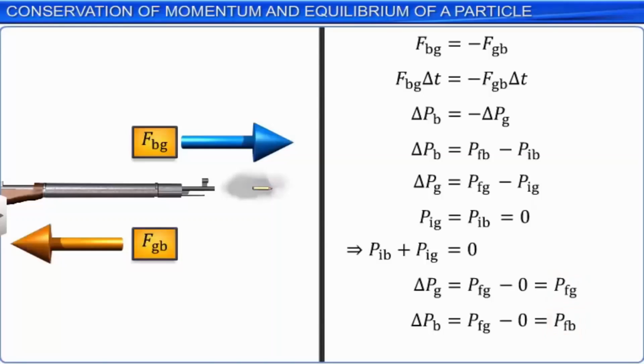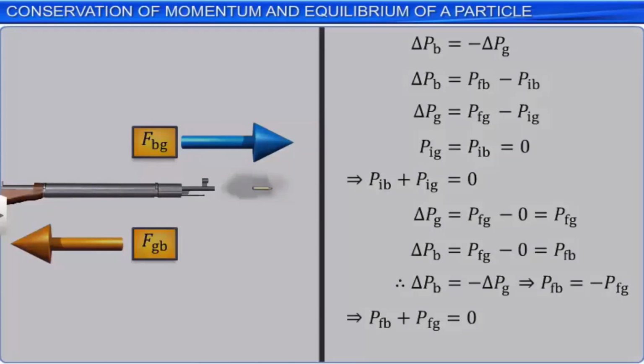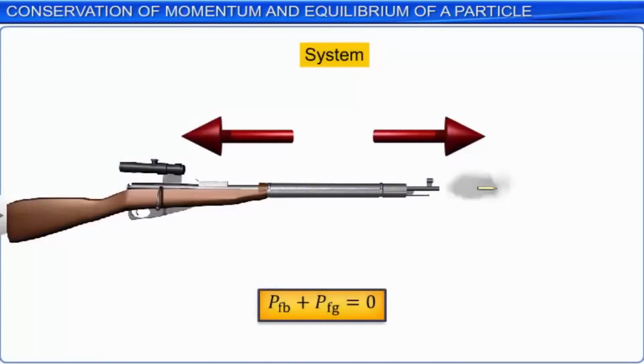Thus, the forward momentum of the bullet is numerically equal to the backward momentum of the gun, which is taken as negative. As the two momenta are numerically equal but opposite in sign, their algebraic sum is equal to zero. That is, the total momentum of the system is zero.